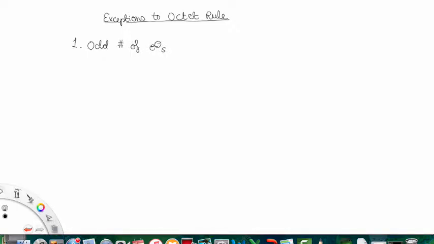As an example, let's draw the Lewis structure of NO, nitrous oxide. First, let's figure out the total number of electrons. For nitrogen, you have 5 electrons in the outer shell, and for oxygen, you have 6, and you have a total of 11 electrons. So already you can see that this is an odd total number. Let's draw out the bonding structure, N-O, and then an octet on the outer element, so 1, 2, 3, 4, 5, 6.